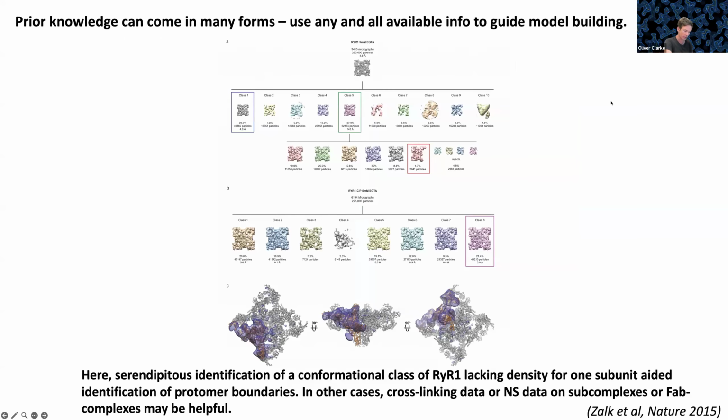When you're building an atomic model, and I'm not primarily talking about model building here, but one of the things that I'd always say is that you want to use any and all prior knowledge that you have available, right? And so when we were building some of the initial structures of the ryanodine receptor at very low resolution, at close to 5 angstroms resolution, just identifying what the subunit boundaries of this tetrameric protein were was very challenging.